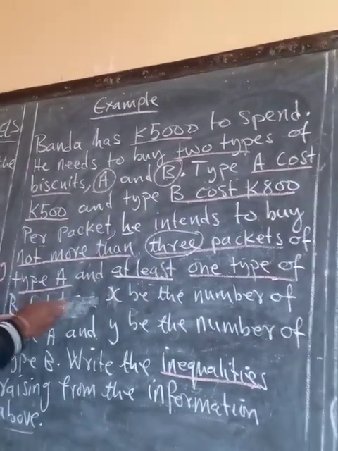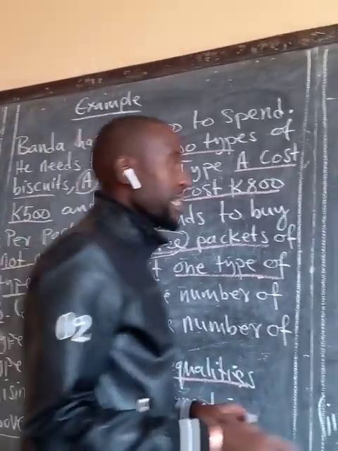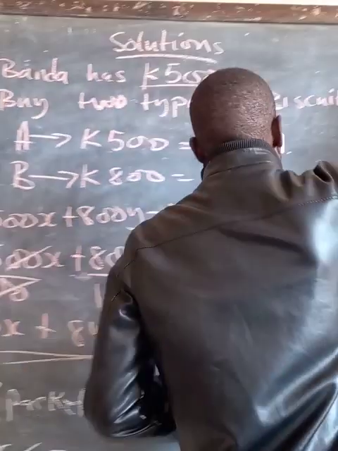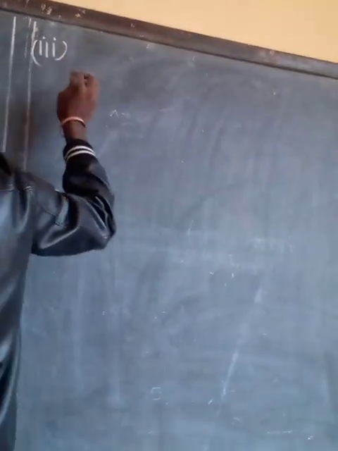We know B is my Y, and this person wants to buy at least 1. So we are going to say in the next board here, my third inequality is going to look like this.